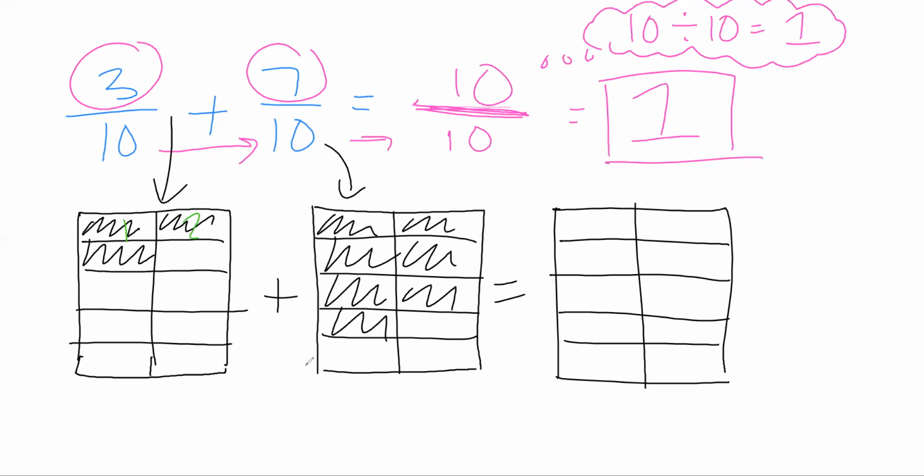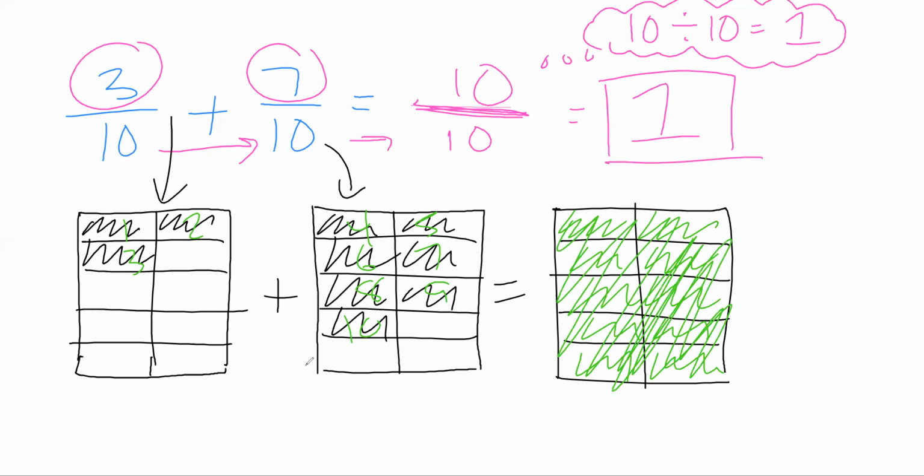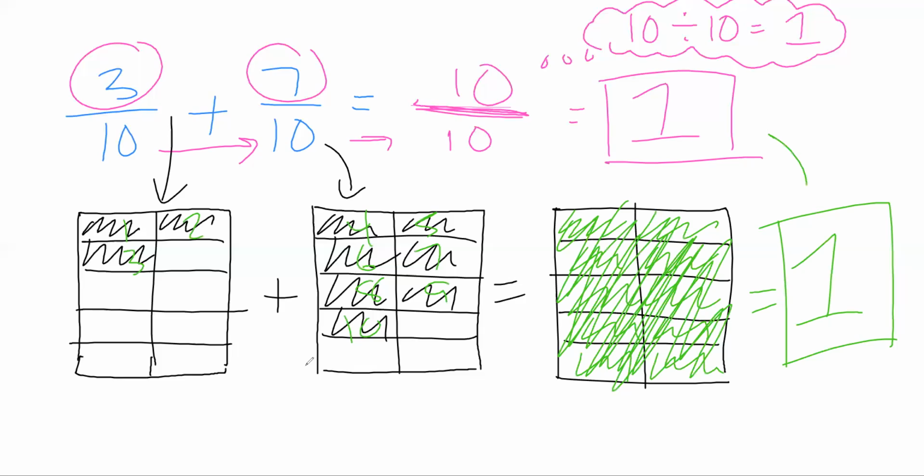We have 1, 2, 3, 4, 5, 6, 7, 8, 9, 10 total pieces. So I need to shade in 10. We just shaded the whole thing. So if we have the whole thing, it's true, we just have 1 whole. So this pans out, this checks out.